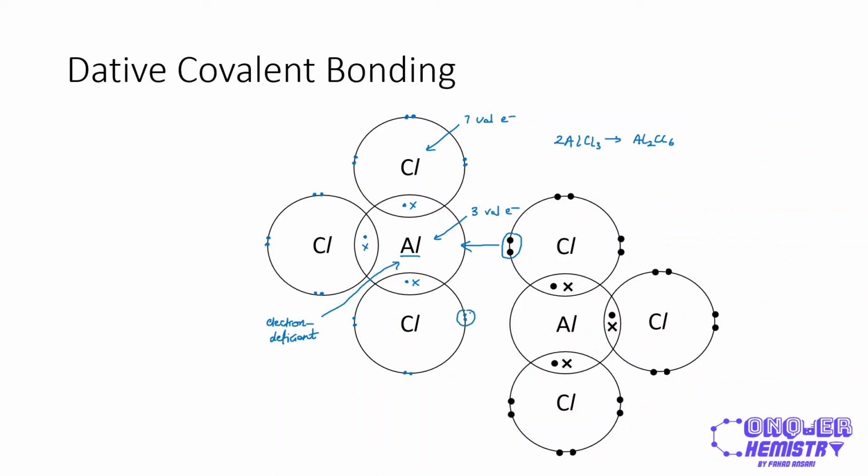And this lone pair from this chlorine will form a dative covalent bond with this aluminium in the other AlCl3 unit. These AlCl3 units that are combining together, we call them monomers, right? And when 2 monomers get together, this Al2Cl6, this combination of 2 monomers or 2 units is a dimer, right? So an Al2Cl6 dimer is formed using 2 dative covalent bonds to complete the octets of the 2 electron deficient aluminium atoms, right? So this was dative covalent bonding.